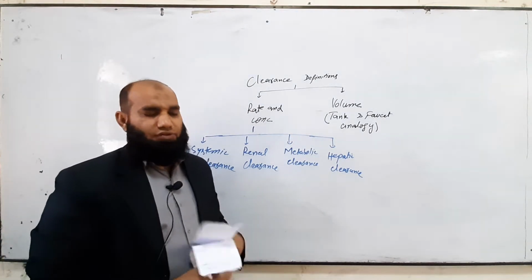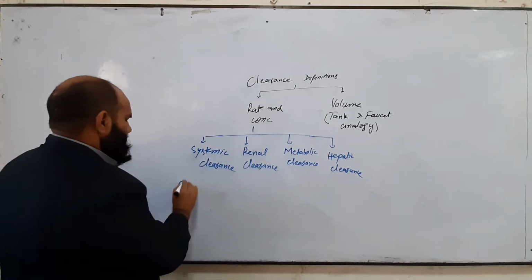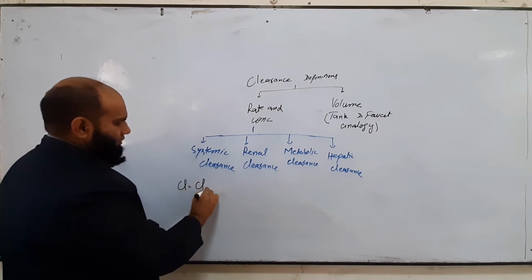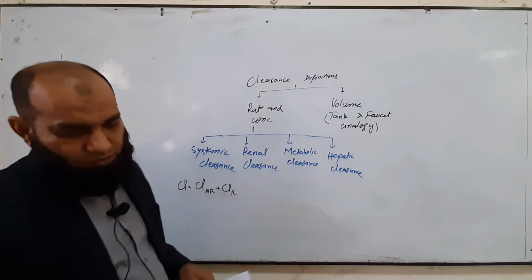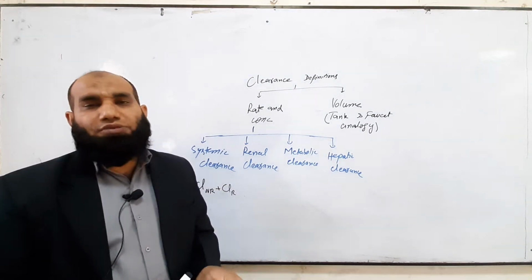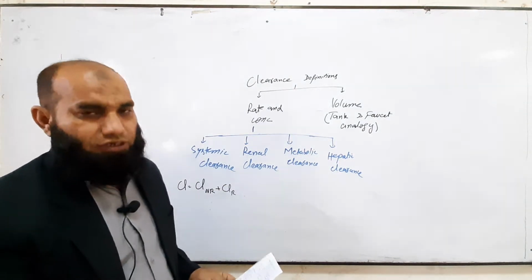Systemic clearance can be calculated by non-renal plus renal. Means these are basically those types of the clearance.